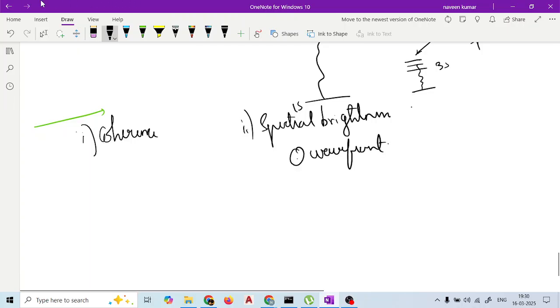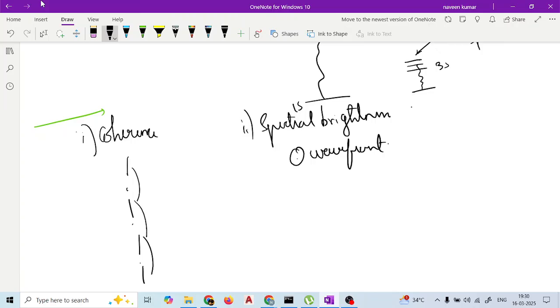This is the wavefront. And if you have a slit, these things will be happening.